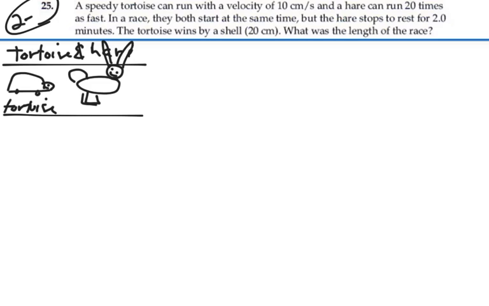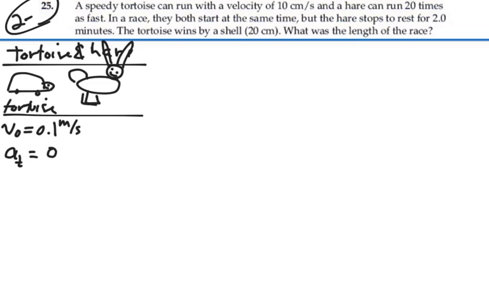If we look at the tortoise, the initial velocity is going to be 10 centimeters per second, which is 0.1 meters per second. And it's going to have a constant velocity the whole time, so the acceleration for the tortoise is going to be 0. Also, we know that the hare stops for 2 minutes, which means that the tortoise is going to have 2 minutes longer to travel.